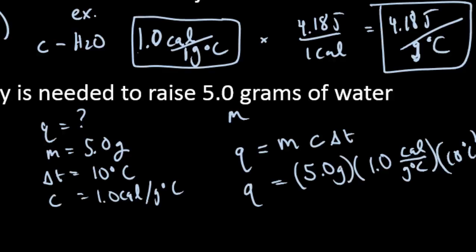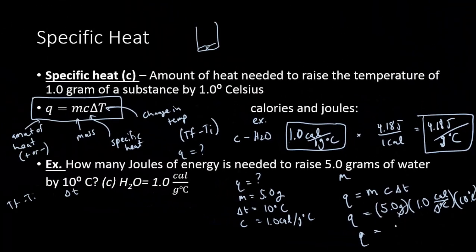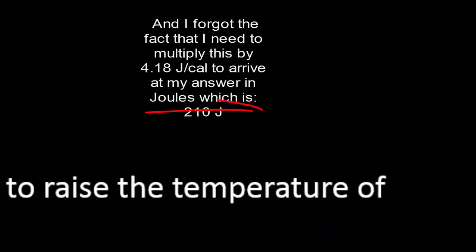You'll notice my units of grams, gone. Units of degrees Celsius, gone. I'm left with Q in calories, which is beautiful. So 5 times 1 is 5, times 10 is 50 calories. That would be how much energy I would need to raise 5 grams of water by 10 degrees Celsius. Okay, beautiful. Let's keep moving.